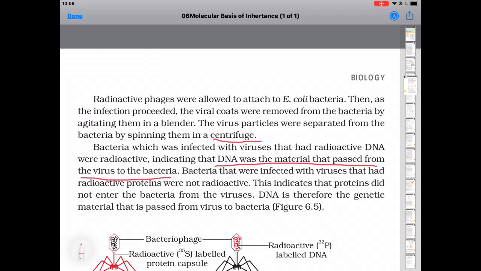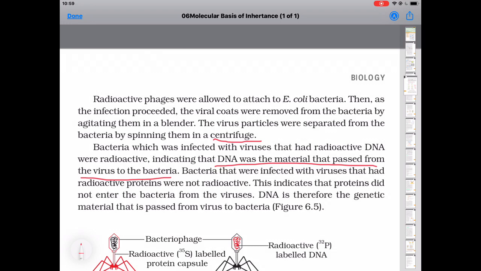Bacteria that were infected with viruses that had radioactive proteins were not radioactive because sulfur is not part of the DNA. This indicates that proteins did not enter the bacteria from the virus, because the protein coat is made up of proteins and genetic material.